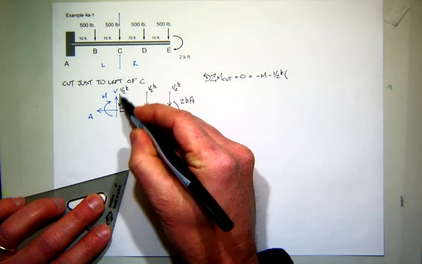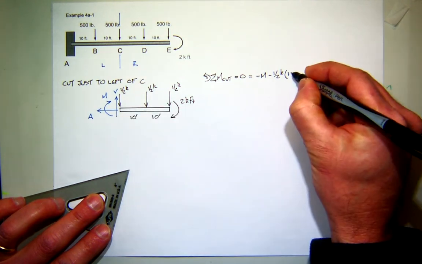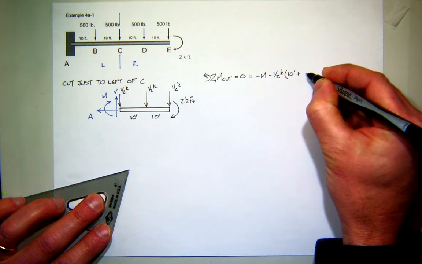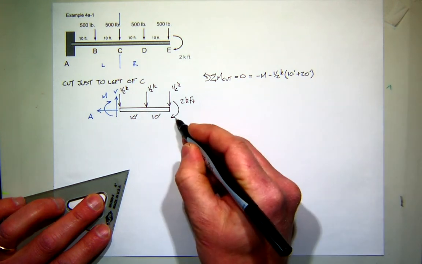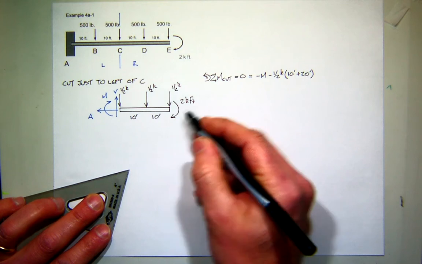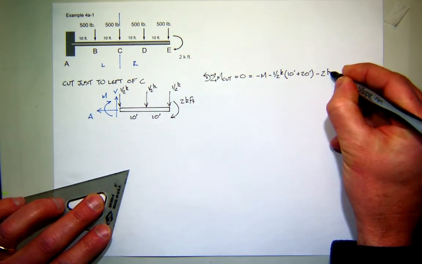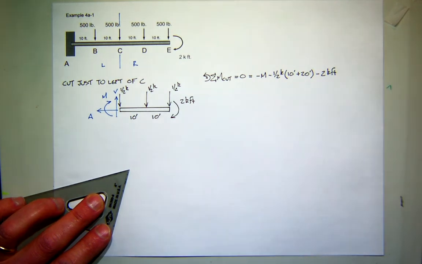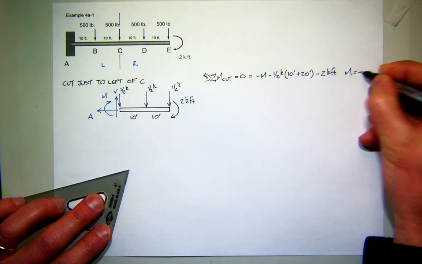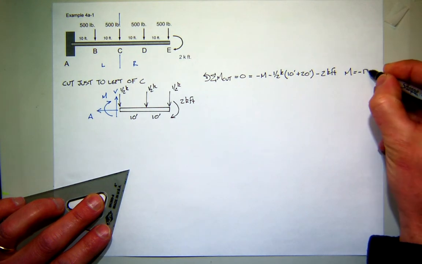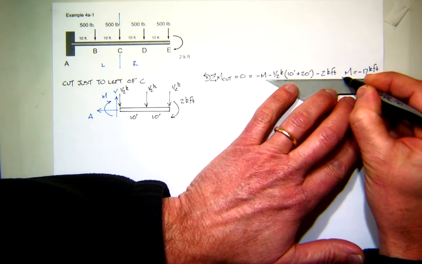The first one has what moment arm? None. So the second one has 10, and the third one has 20. And then out here on the end, what kind of moment is this, positive or negative with my sign convention? Negative. So it looks like the moment is minus 17. Is that right? Somebody check that for me.